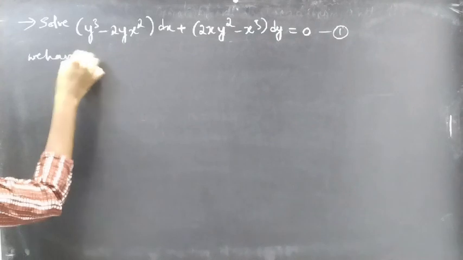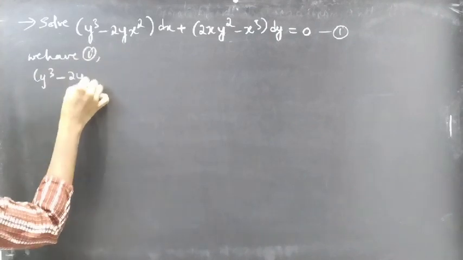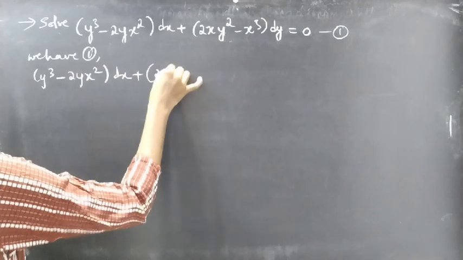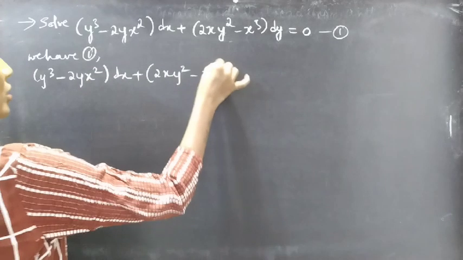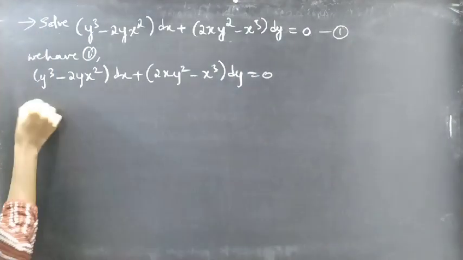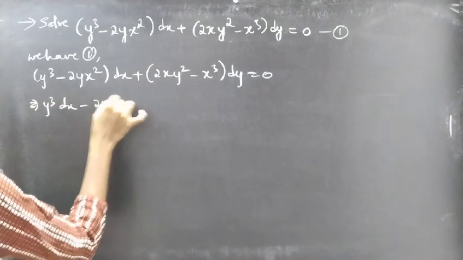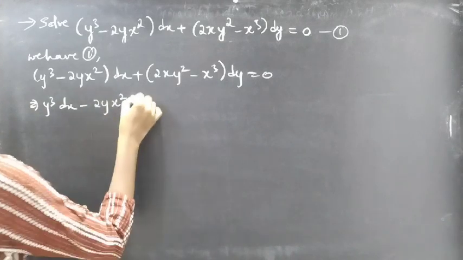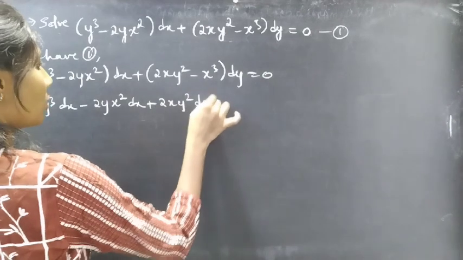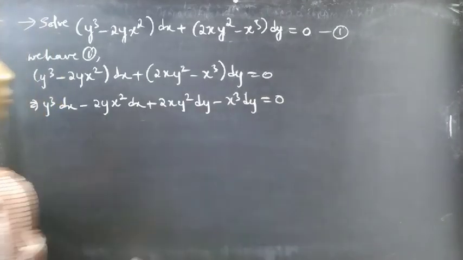We have 1: (y cube minus 2yx square) dx plus (2xy square minus x cube) dy equal to 0. You can write this as y cube dx minus 2yx square dx plus 2xy square dy minus x cube dy equal to 0.